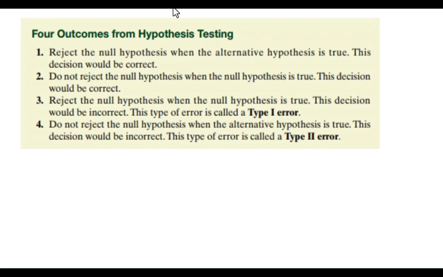Number 4, the null is not true, but we don't reject it. So we don't catch the fact that the null is not true. Now, all of this is based on our sample. So once we do our sample, we're making these decisions based on the outcome and the rules of probability.